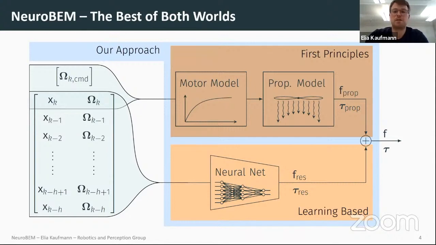The combination of these two yields a model with high accuracy, but requires fewer training samples than a model that is purely trained from data. Also, due to these first principle models, we show that the model generalizes better than approaches that are only data-driven.